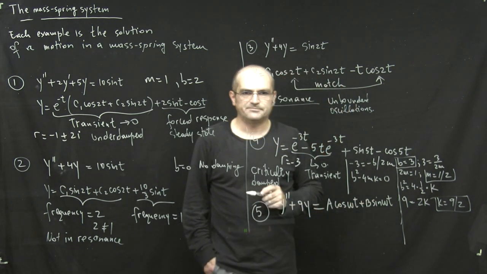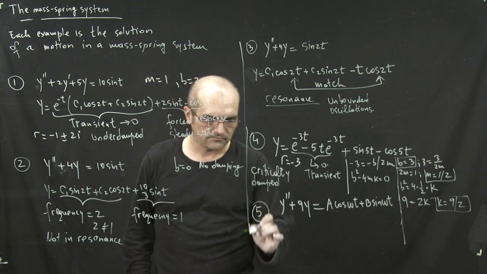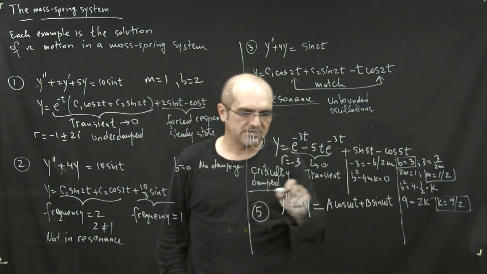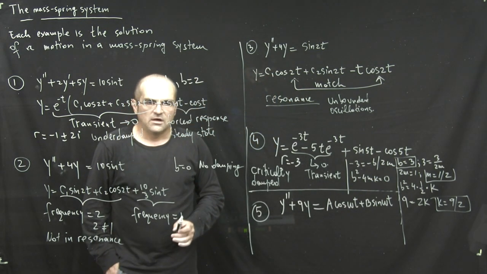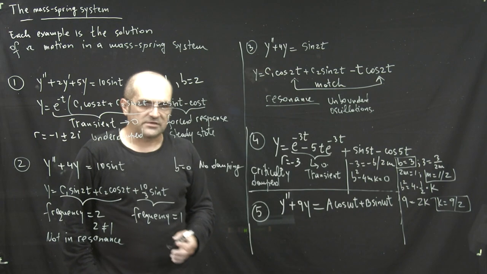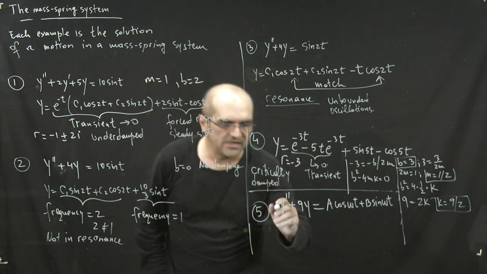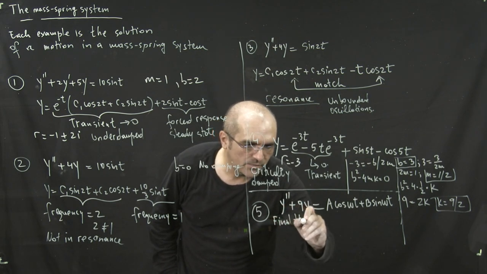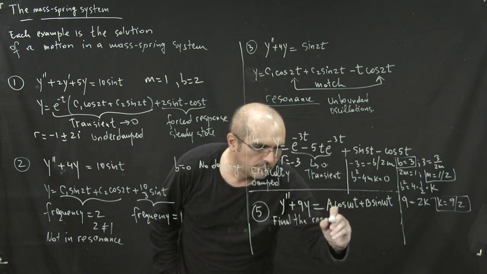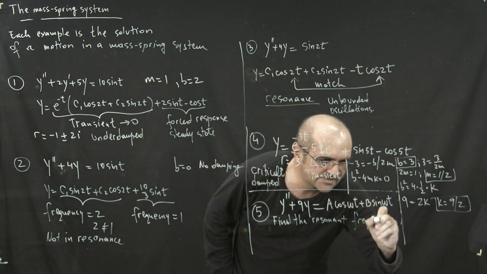So finally, one last question I want to focus on here. In this example, notice that I didn't specify what omega is, the frequency of the external force. So basically, I didn't specify the external force. And let's say the question is, find the resonant frequency of the external force.